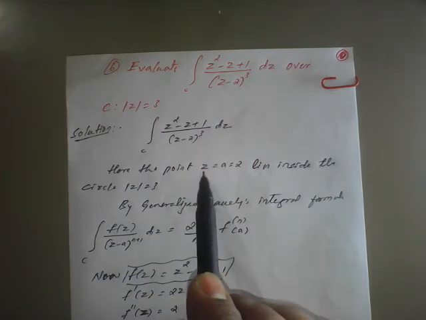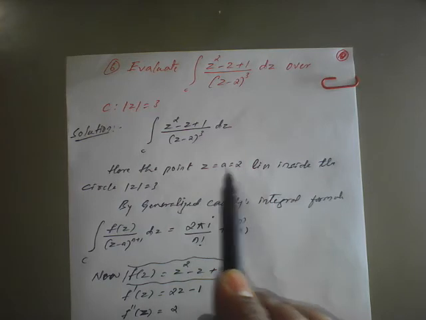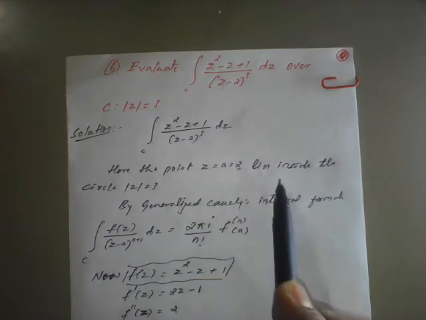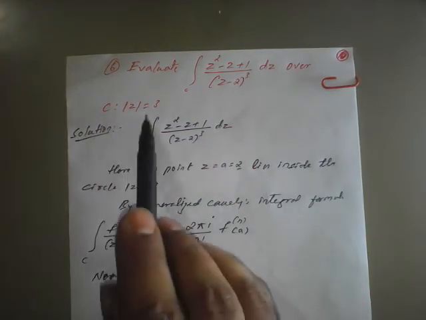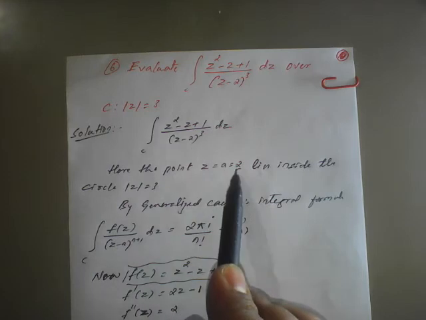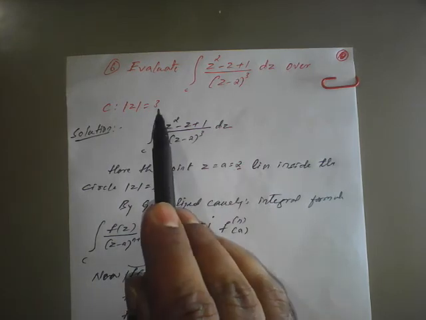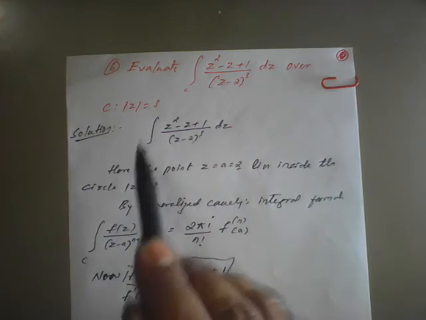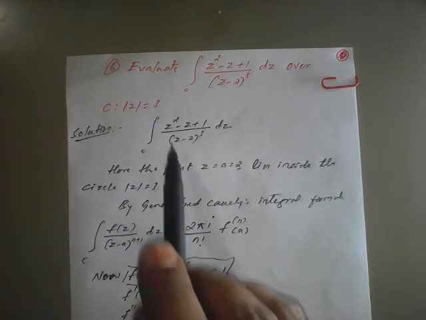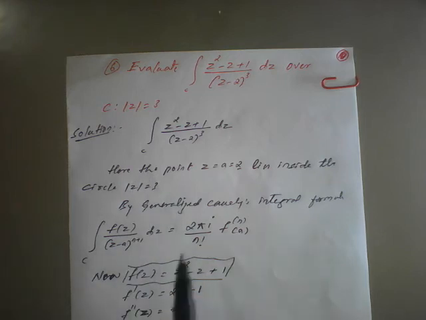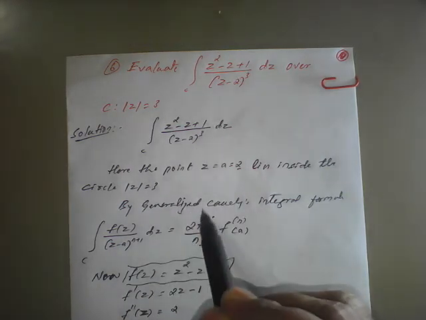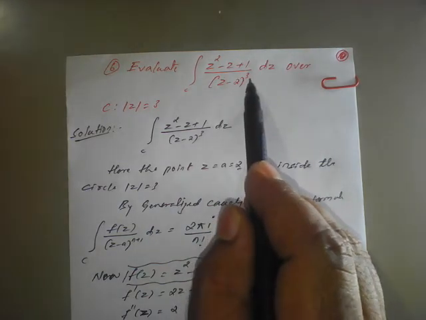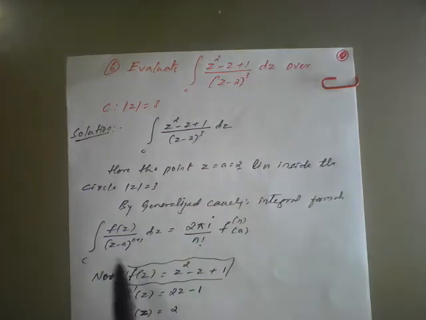Therefore z equal to a equal to 2 lies inside the circle, because if the radius is 3, the value 2 will be inside 3. So at that time we can apply Cauchy's integral formula, but here we'll apply the generalized Cauchy's formula because of power 3.